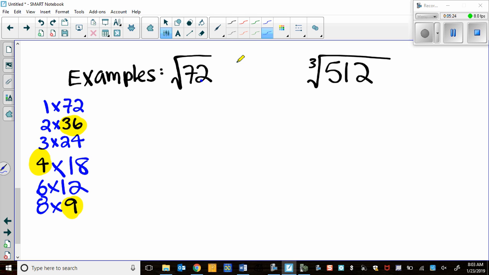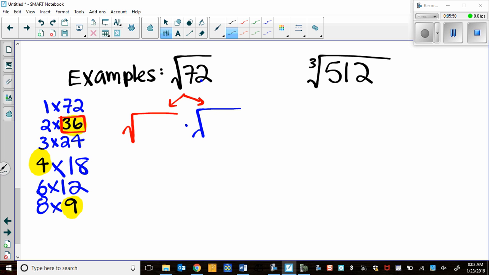So this is how we've determined all the perfect squares that we have in this type of combination with 72, but we want the highest number, and that is going to be the 36. So this 36 right here is my highest perfect square. Remember that when we are splitting up our radical, we are going to have our perfect square on one and then the non-perfect square on the other.